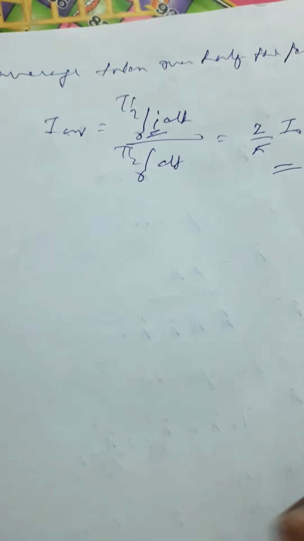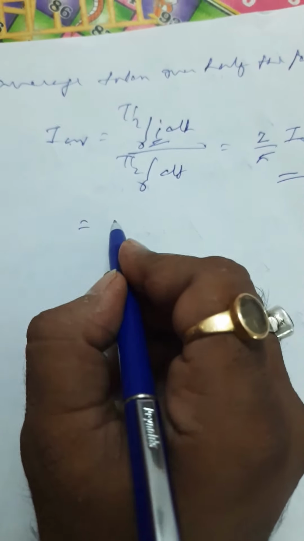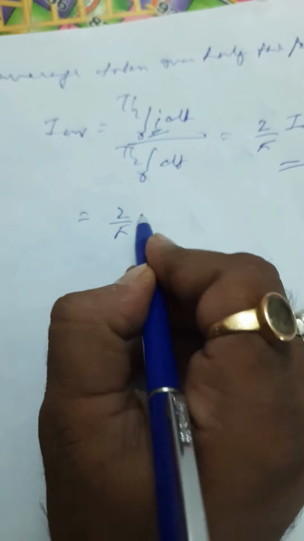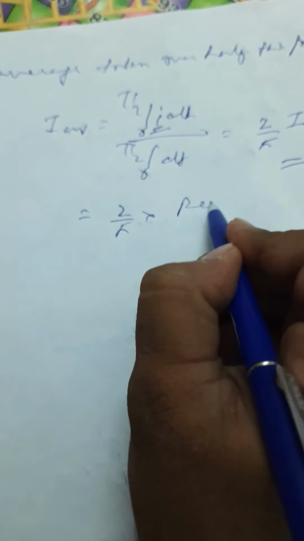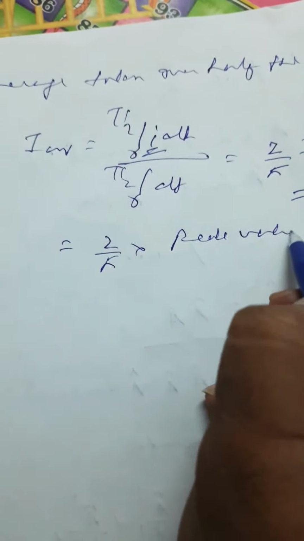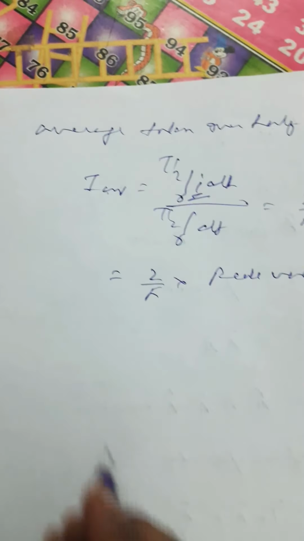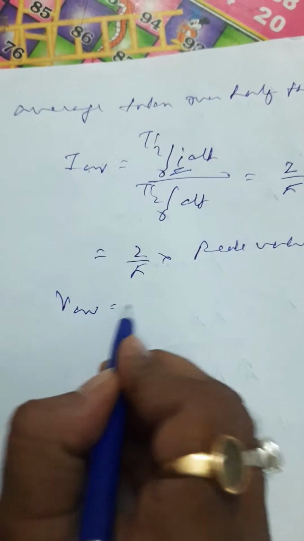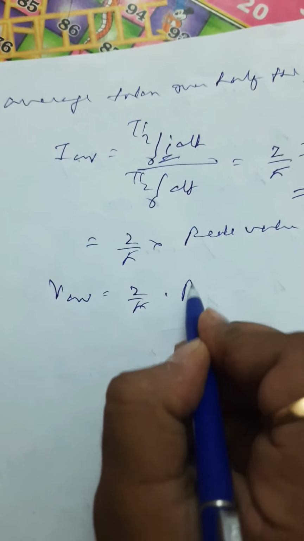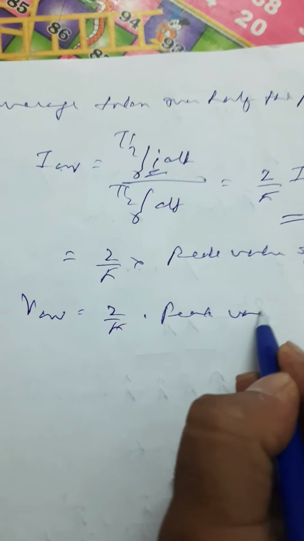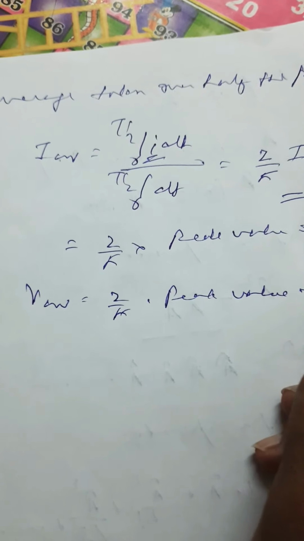So this will be the value, which we can write as 2 by pi into the peak value of current. Similarly, the V average will be 2 by pi into the peak value of voltage.